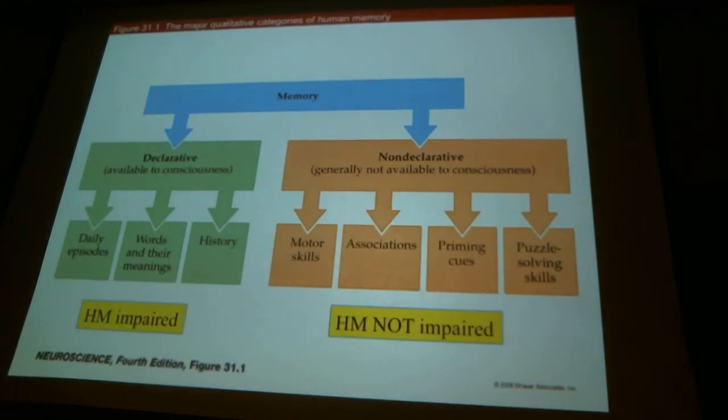So we can say this branch of memory types was impaired, and this branch not so much. Although I have to say, maybe we should point to this little box right here, because he could speak and converse, and had a repertoire of reference information, but he didn't know, for example, he might have known who George Washington was, but he didn't know who the current president was.